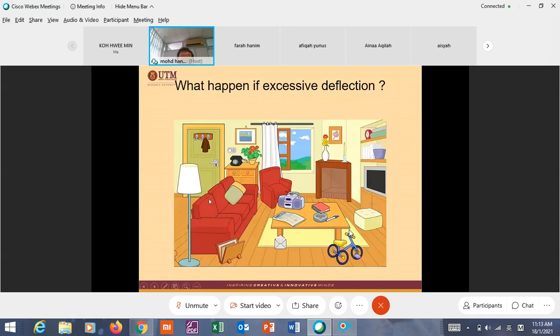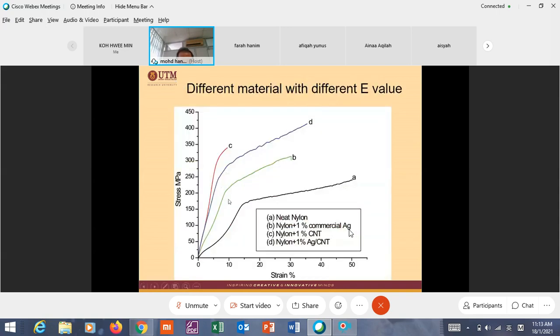This slope is called E. This slope is called Young's modulus. So we will have 4 types of material, and we will have 4 values of E, and we will have 4 values of deflection. Okay.